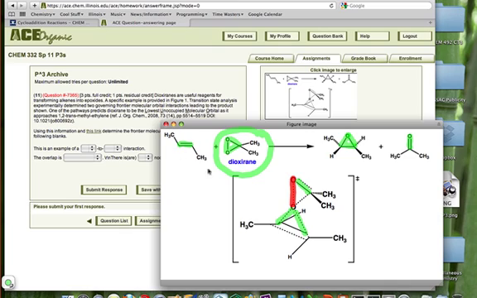And really, if you focus your attention in on this area, what we can see is that the key frontier orbital interaction here is between some nucleophilic orbital associated with the double bond and some empty orbital associated with the oxygen-oxygen bond. We know this because the oxygen-oxygen bond is breaking essentially. Right?